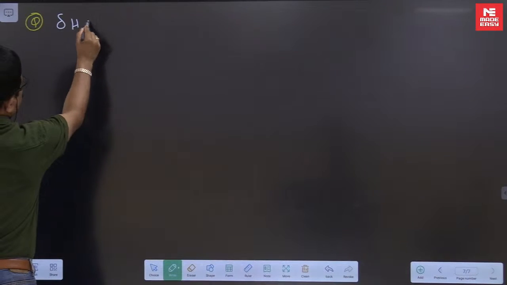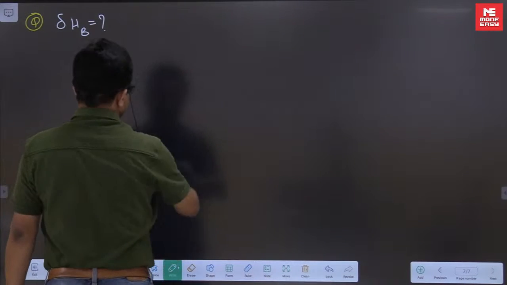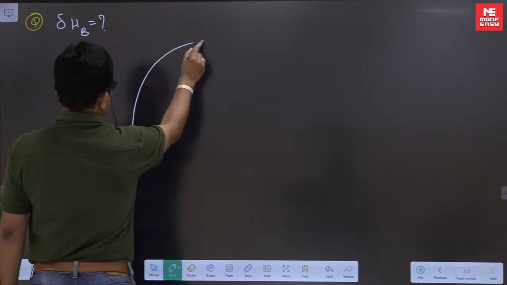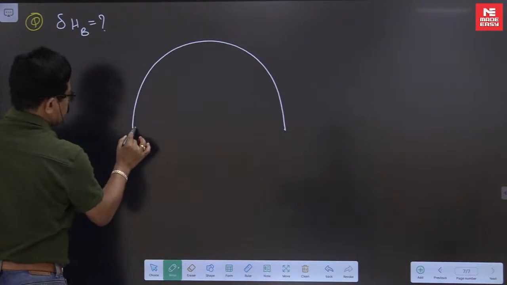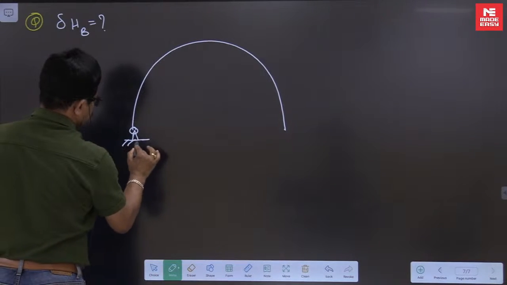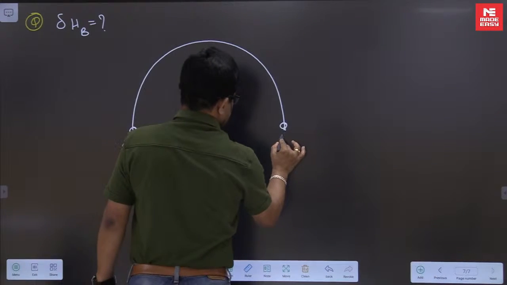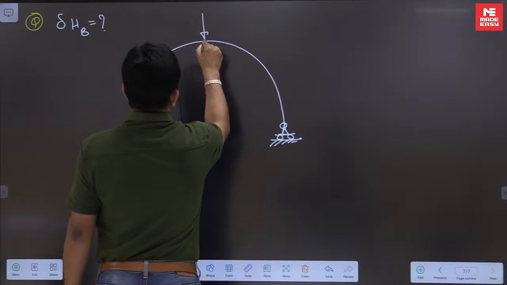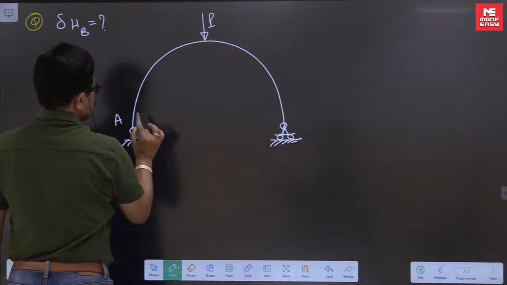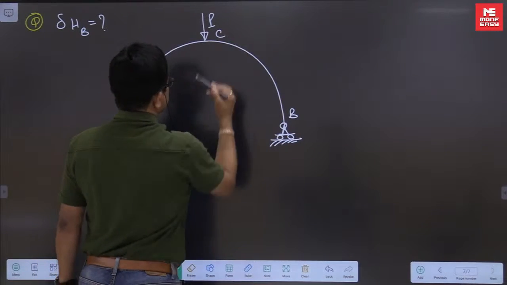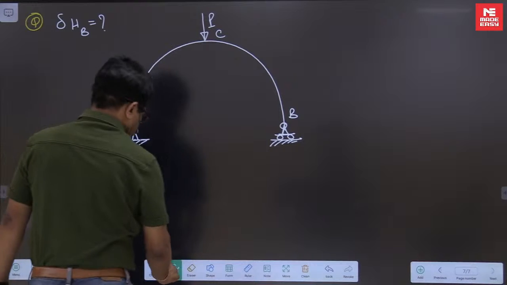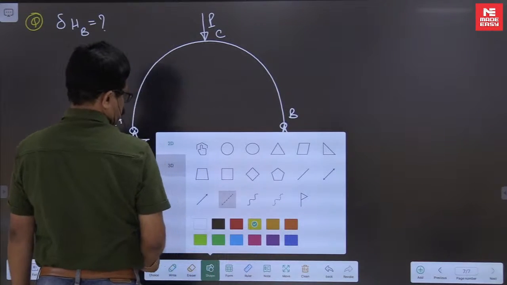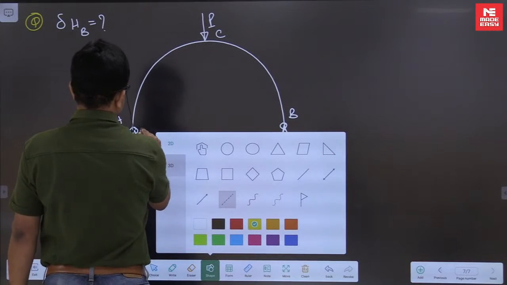Horizontal displacement of joint B. We'll take a semicircular beam. This point, let us say A, B, C.